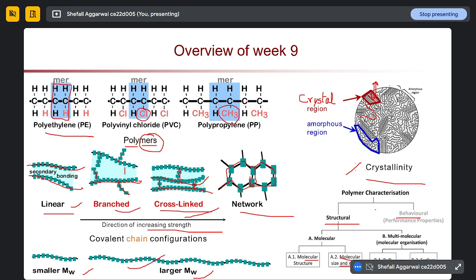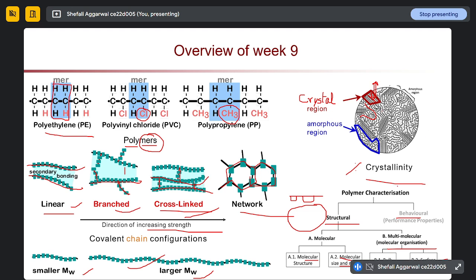Other types of structural characteristics are molecular organization, whether we are talking about the bulk or the surface of our polymer. Depending on what type of bonding is there in the structure, if we have gaps, and what the structure of the bulk is, like in this example, whether it is crystalline or amorphous, our properties of polymer will change.